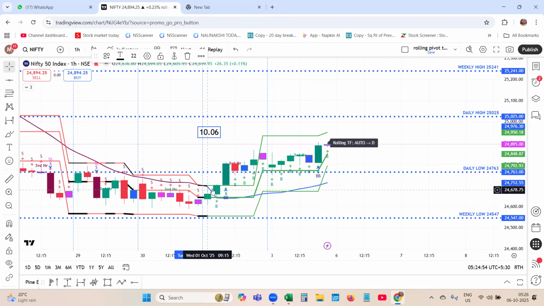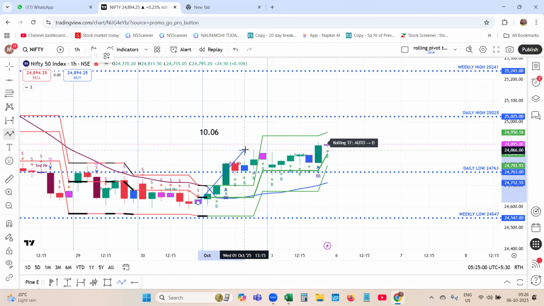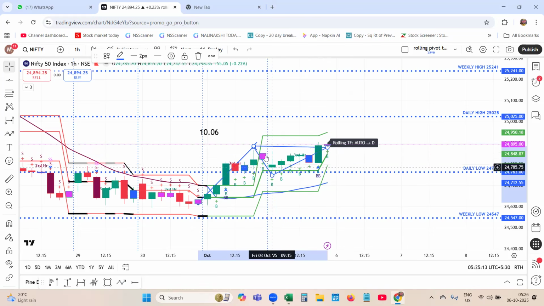I'm on the hourly chart. The Nifty is showing reversal. If I take the path, this is the last day, and on Friday it has consolidated. You can see Friday's move was narrow.